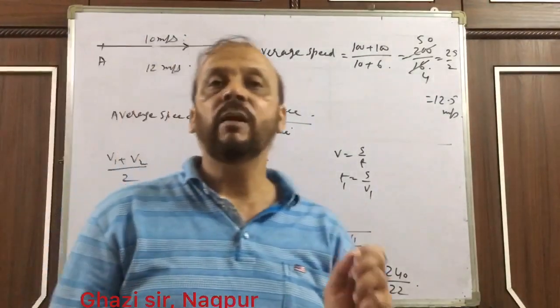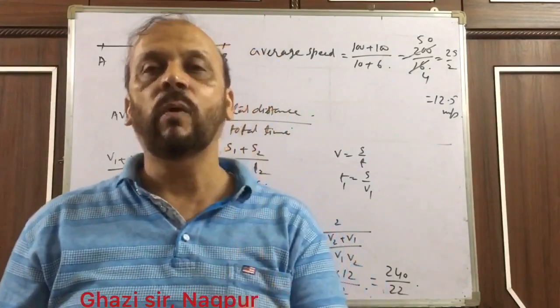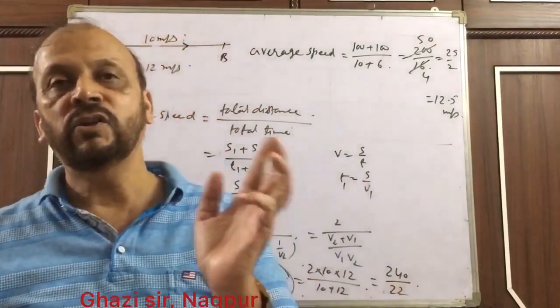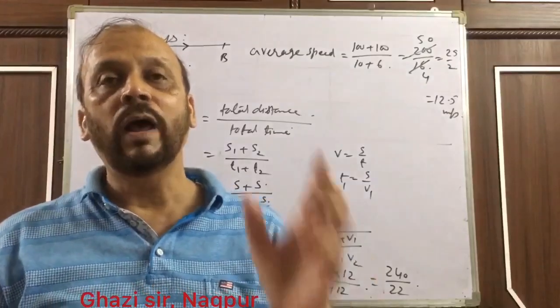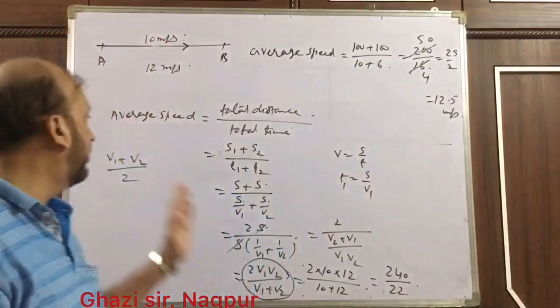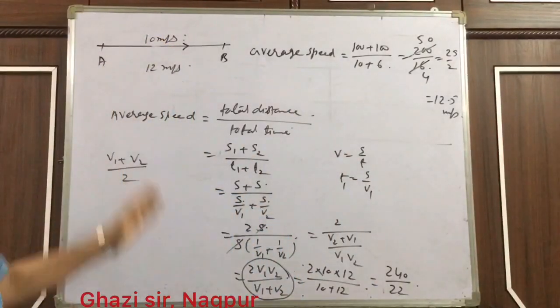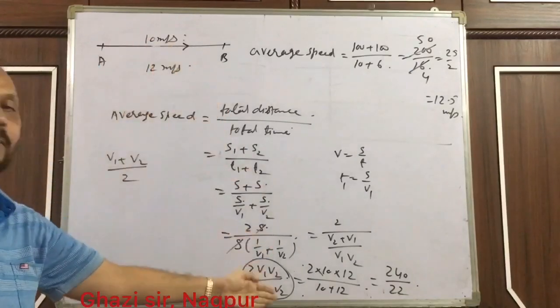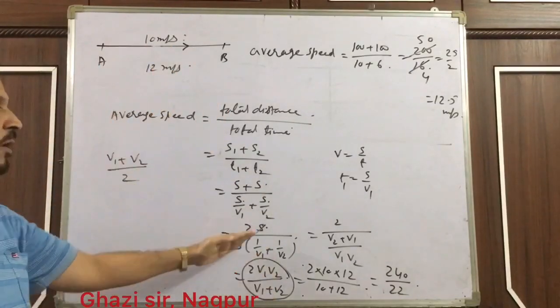So this is applicable when time is equal and distances are different. For two different distances, you try V1 plus V2 upon 2. If distances are equal, then apply the formula 2V1 V2 upon V1 plus V2.